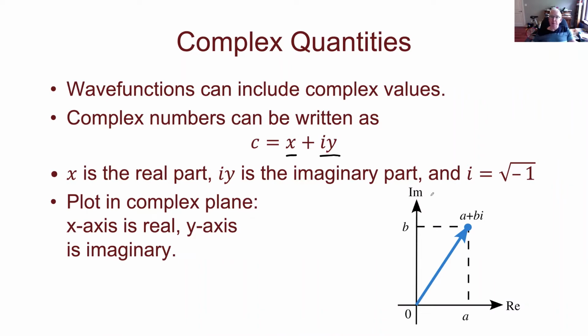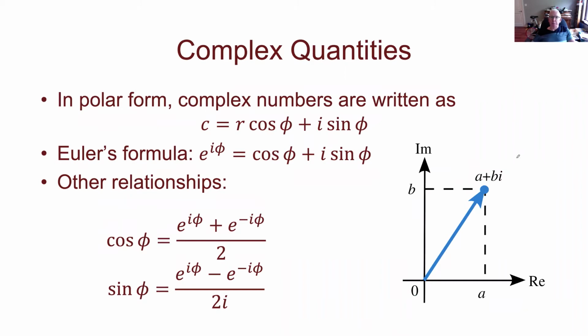One way to depict complex numbers is to think of plotting them in a complex plane where we have an imaginary axis and a real axis, and we locate our complex quantity by finding a point based on its real and imaginary components, all right? If we do that, we can also represent those in polar coordinate form, right? When I do that, I can say my complex number can be written this way. And from there, there are a variety of relationships or identities that we can use to describe things.